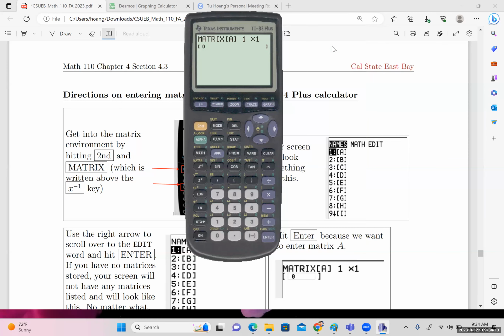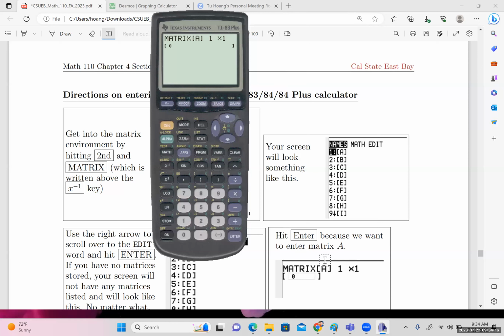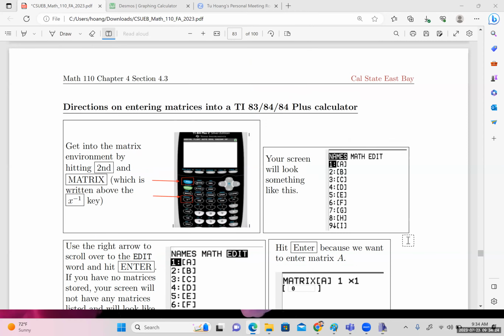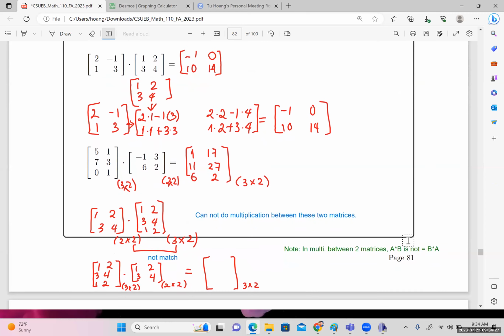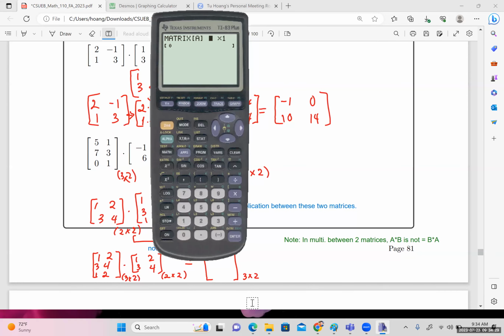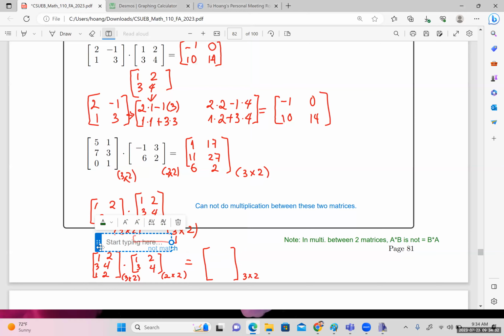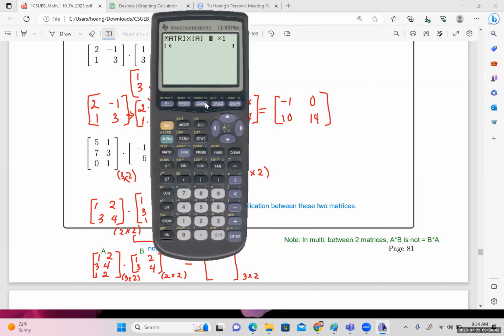Using the information above, the first one is matrix A and the second one is matrix B. So matrix A is 3 by 2.